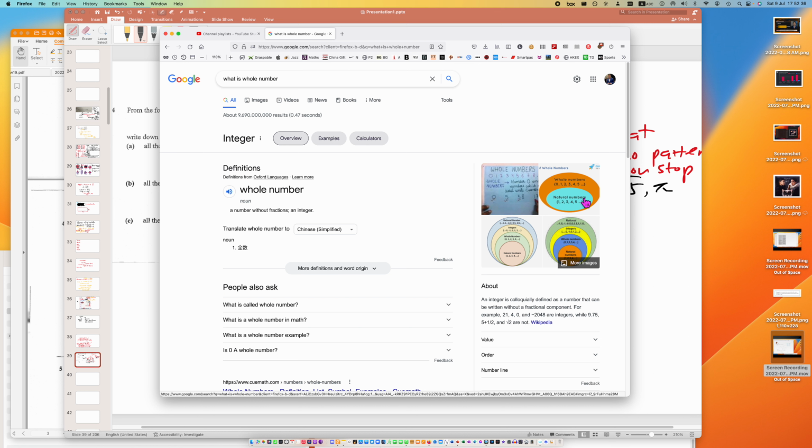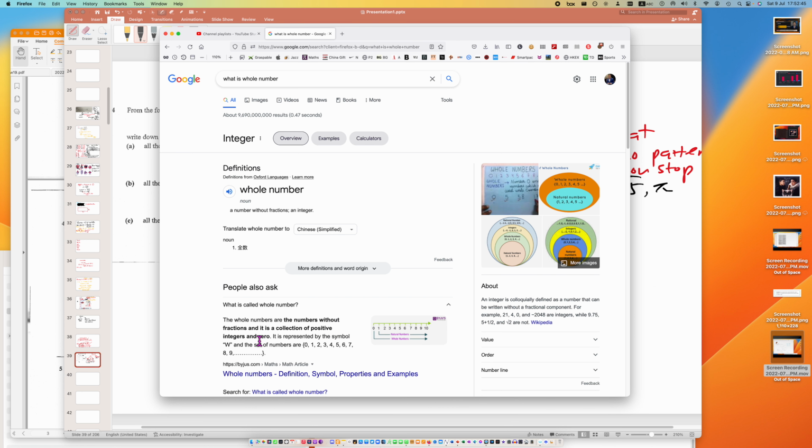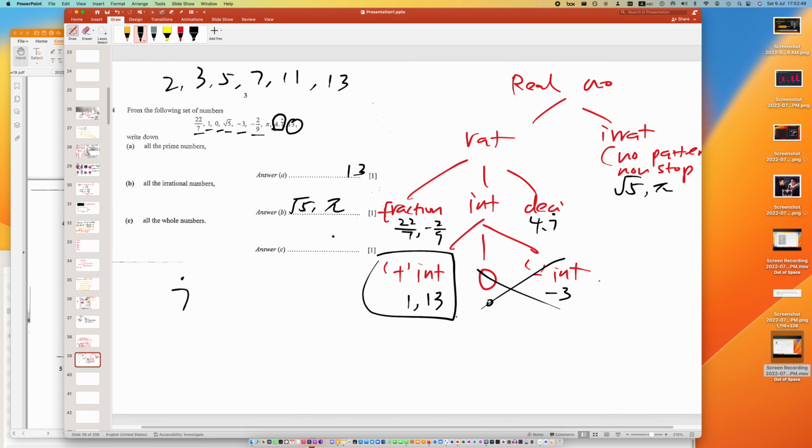Got negative or not? I don't think there is negative because I wrote 1, 4, 7, 13. The whole numbers are the numbers without fraction. It's a collection of positive integers and 0. Also 0 is under whole number. So it's 0, 1, 13.